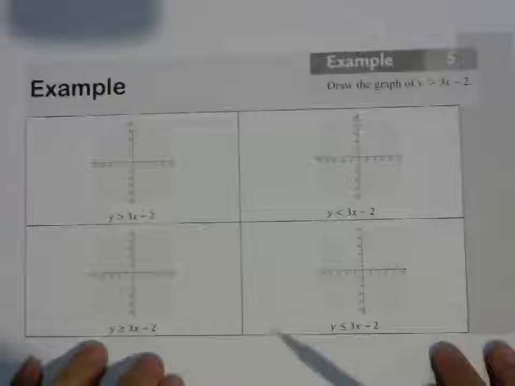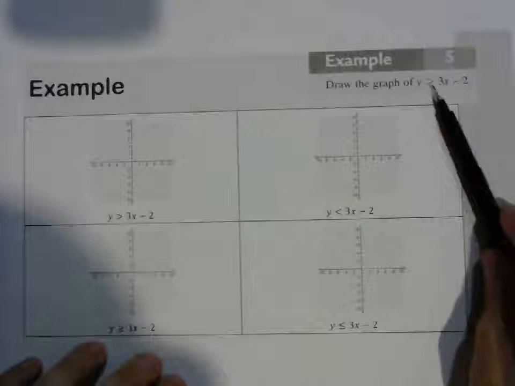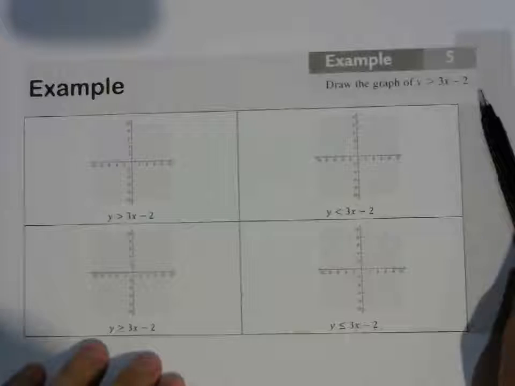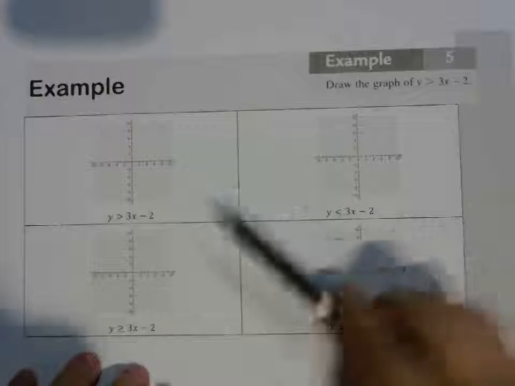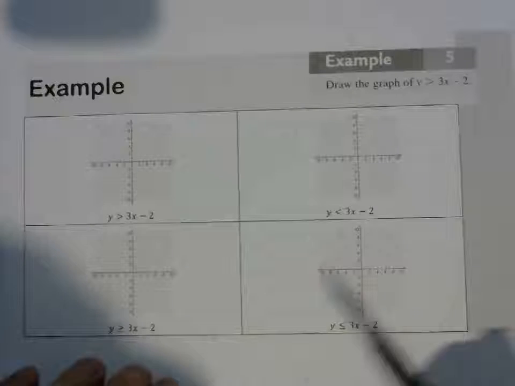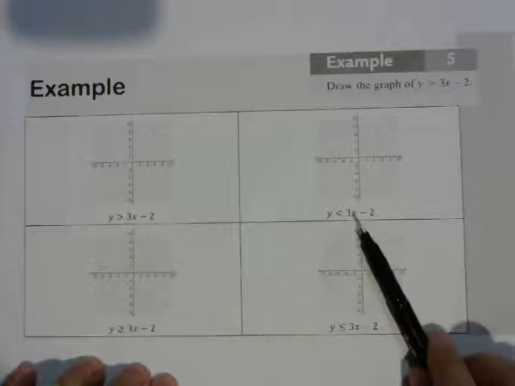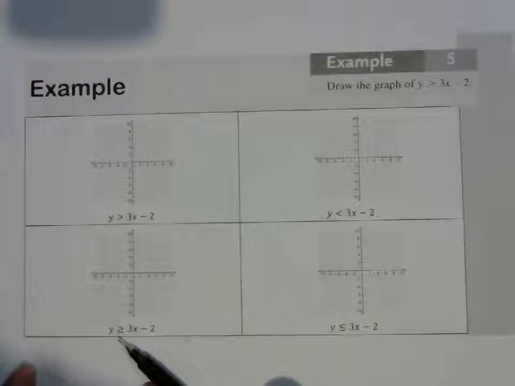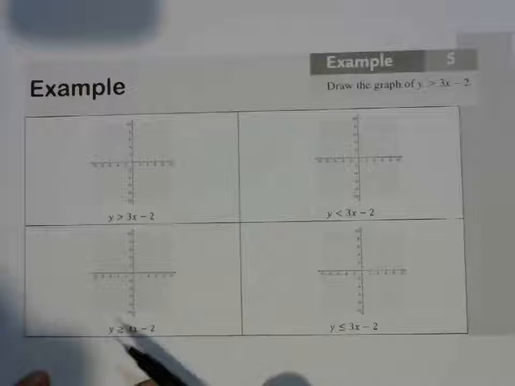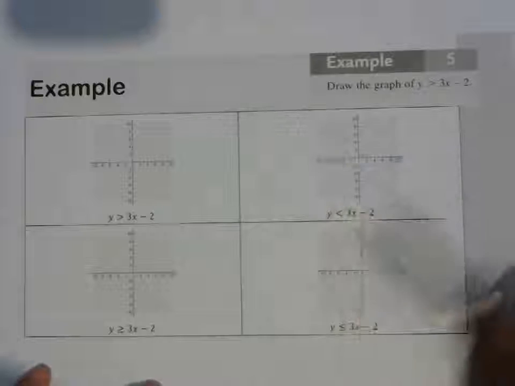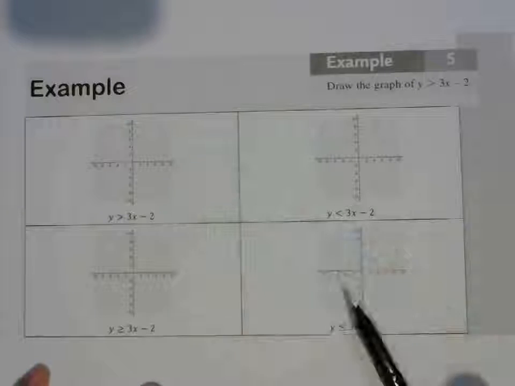So here we have a linear equation. We've got y is greater than 3x minus 2, and we've got four different versions of this equation, with each of the four different inequality signs that we've got. So I'm going to show you how to graph all four of these.